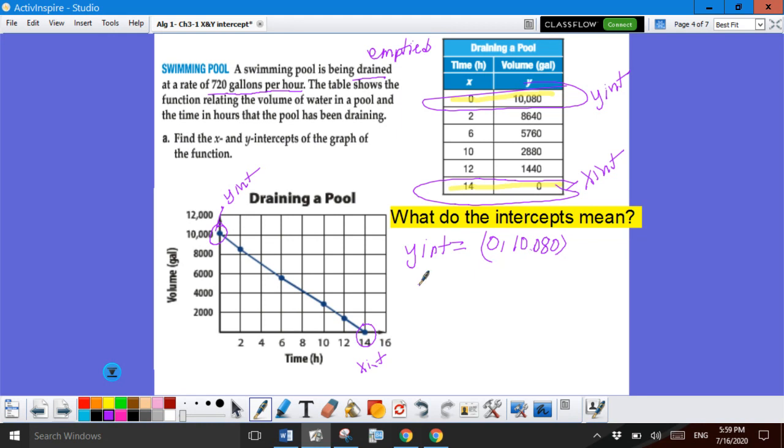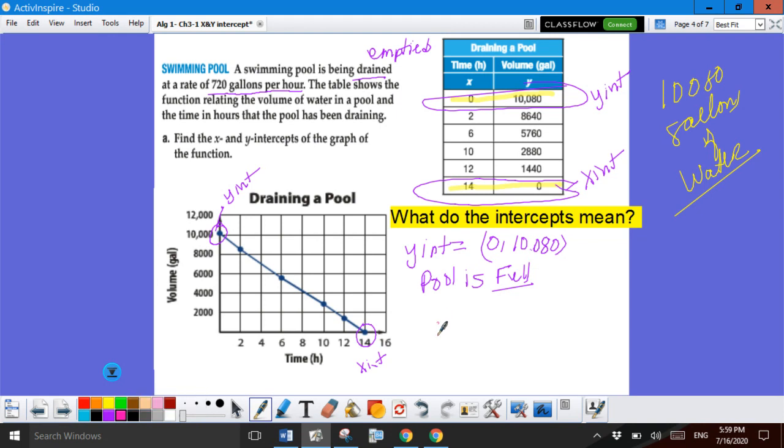If you said to yourself, the pool is full, that's my starting point. I have not drained any water in it. So the pool is full with 10,080 gallons of water. That's what we're starting with. Now, I'm going to start to drain the pool.